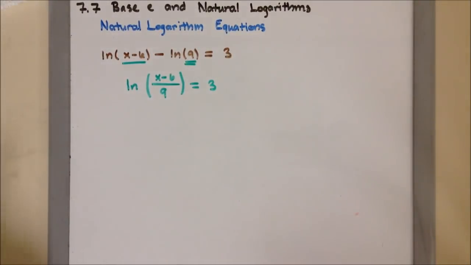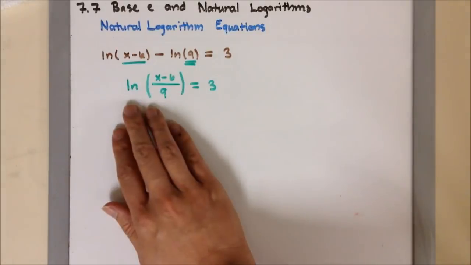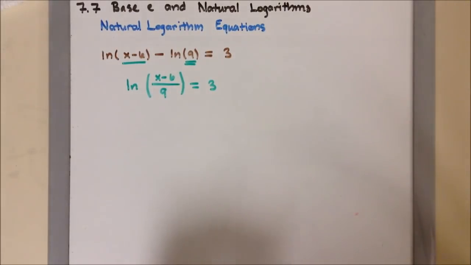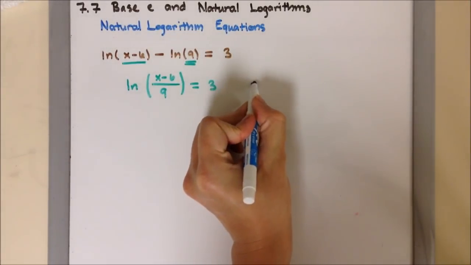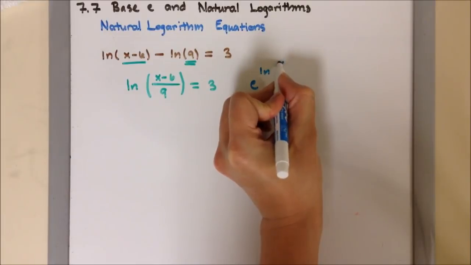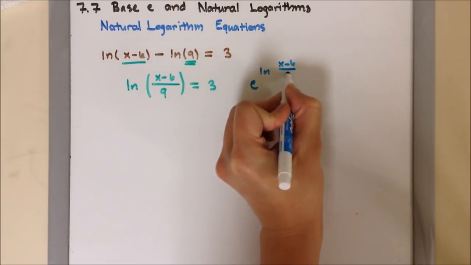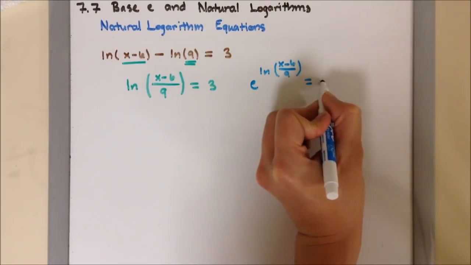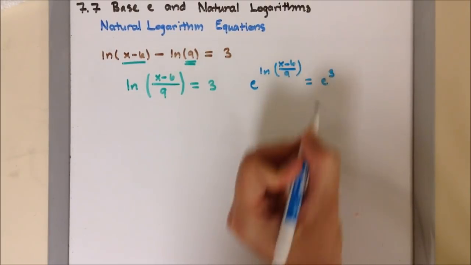So from there, in order to get rid of the natural log, I'm going to use the e constant, raise it to the power of natural log of x minus 6 over 9, equal to e to the power of 3.